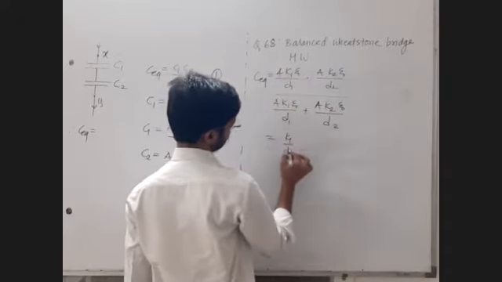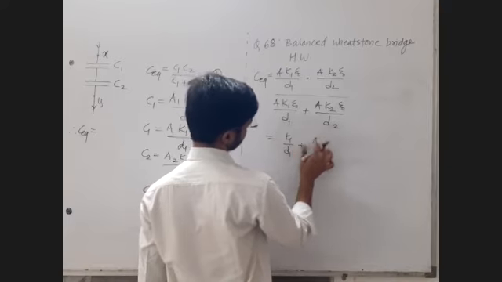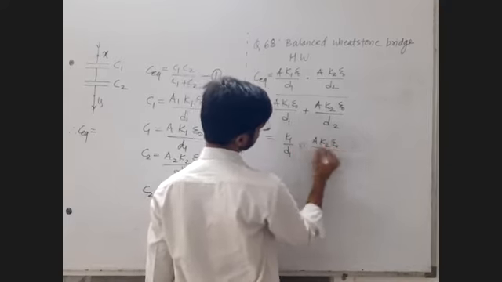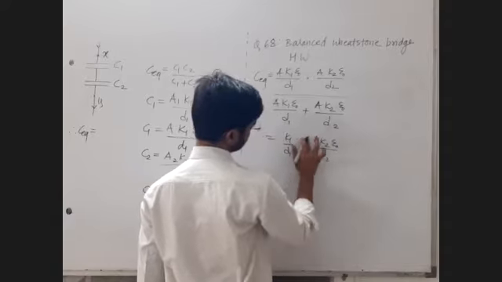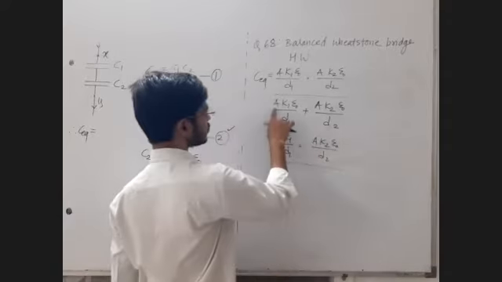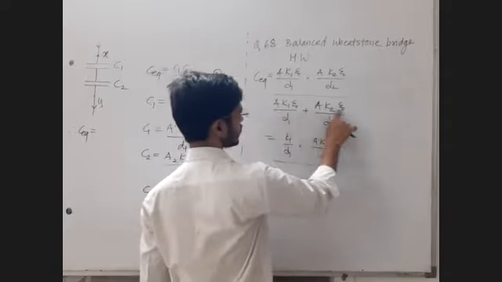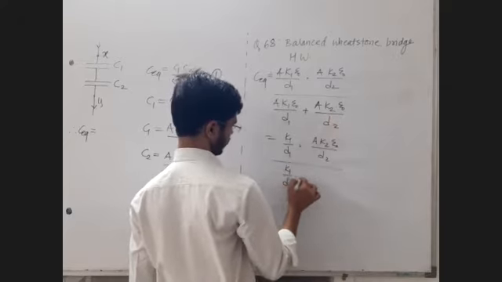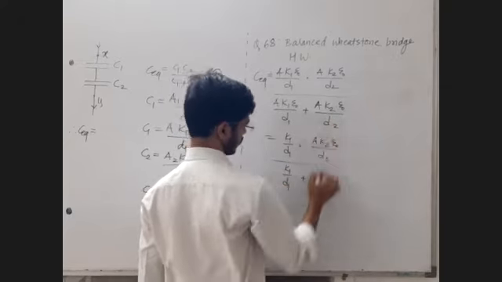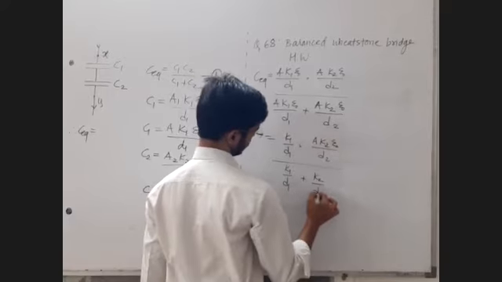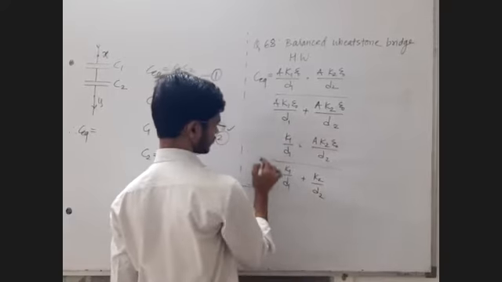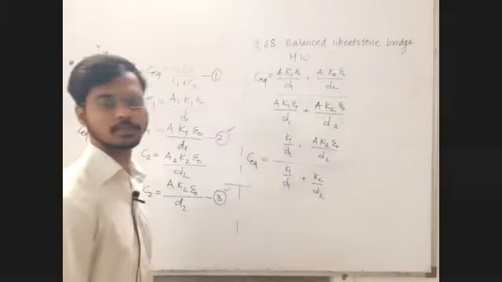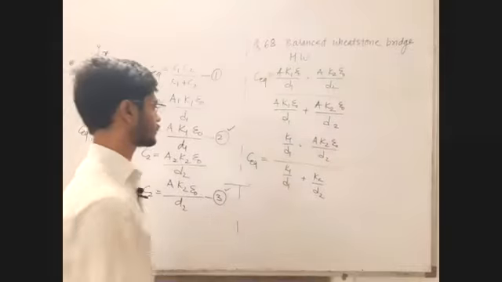So it is K1 upon D1 plus K2 upon D2. That's it. That's your C equivalent. Reply to me in the chat box, clear and written.